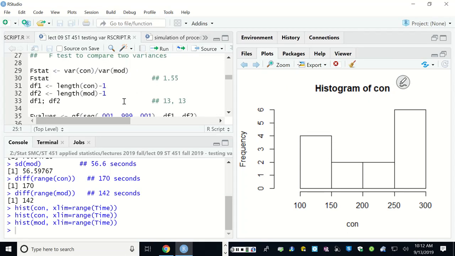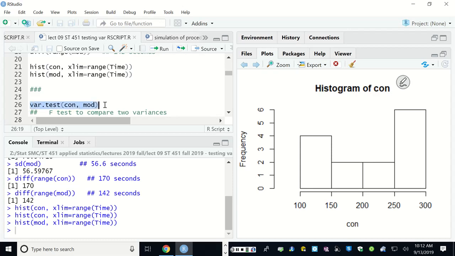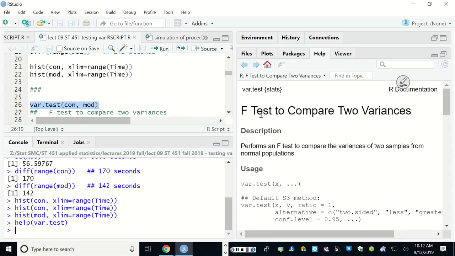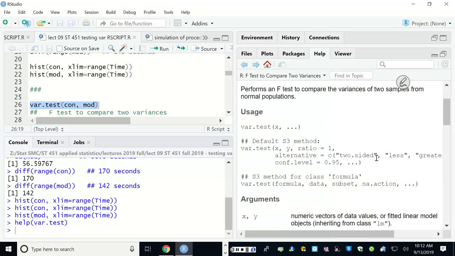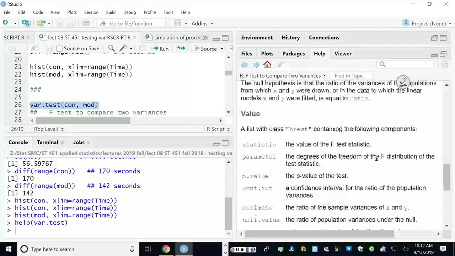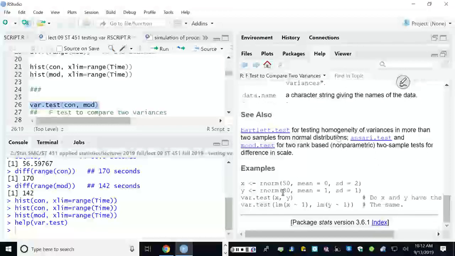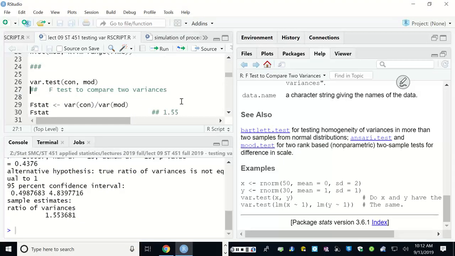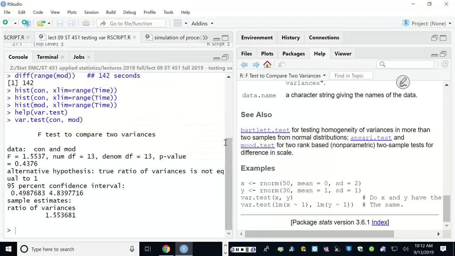This F-test that we've done, there's a var.test in R. Help on var.test: compare two variances. It really kind of goes through that. If we do that, comparing conventional and that, we get this output.